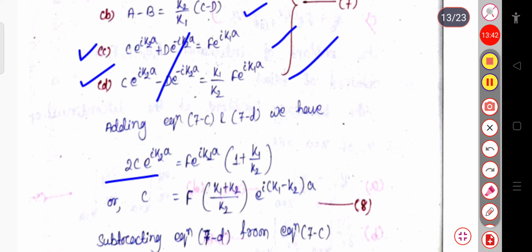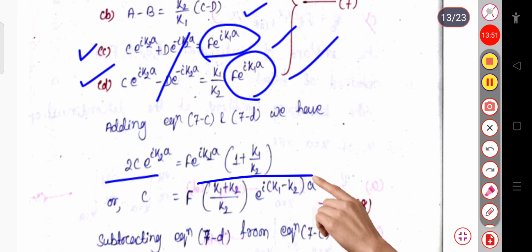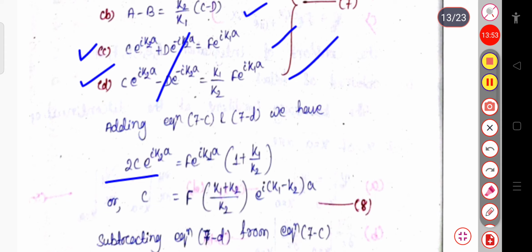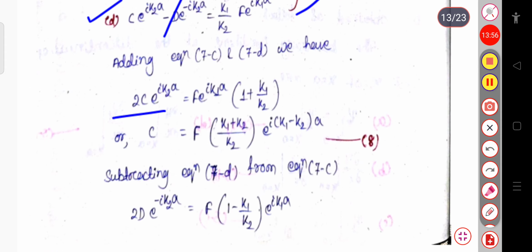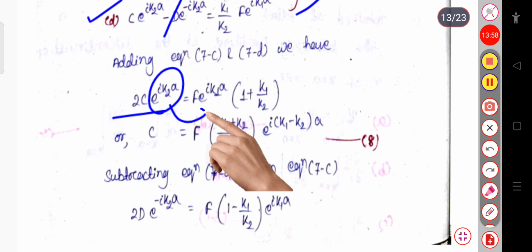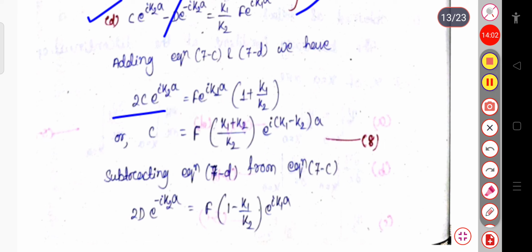Okay, after that you will get 2c exponential iota k2a equal to f exponential iota k1a, taking common 1 plus k1 by k2. After solving this you will get c equal to, with the exponential iota k2a divided here, f into (k1 plus k2) divided by k2 into exponential iota (k1 minus k2) whole into a.